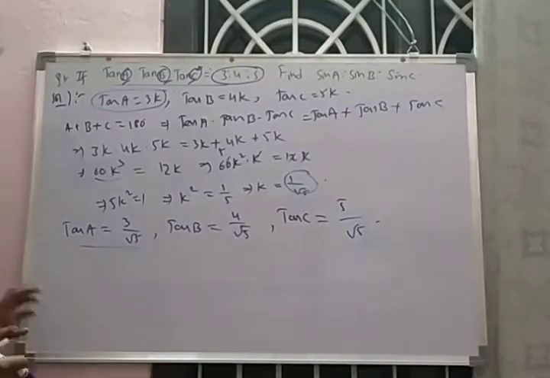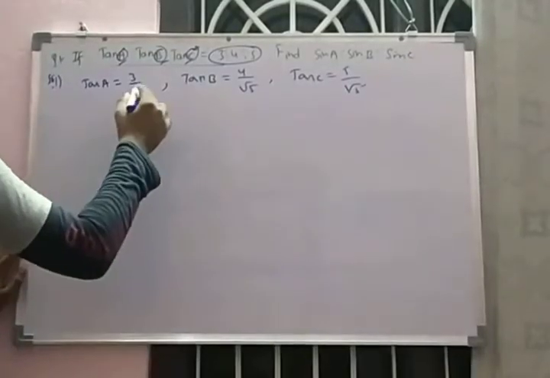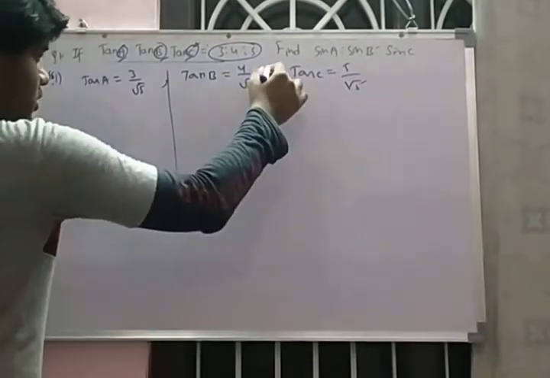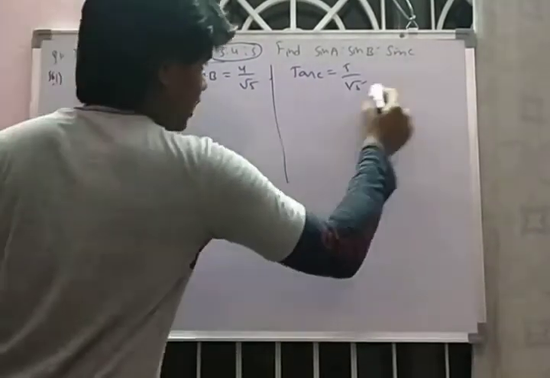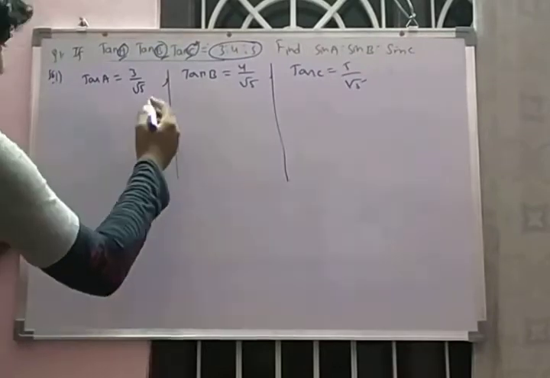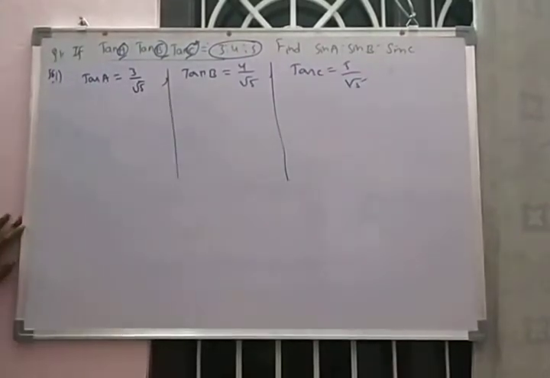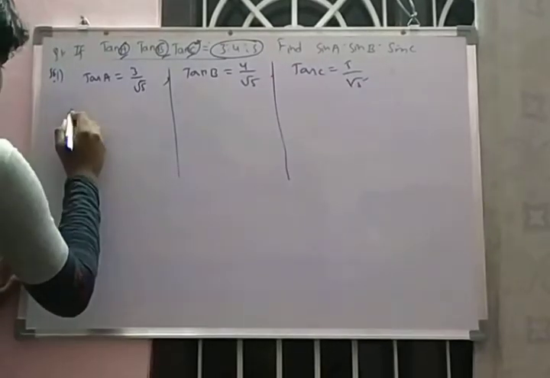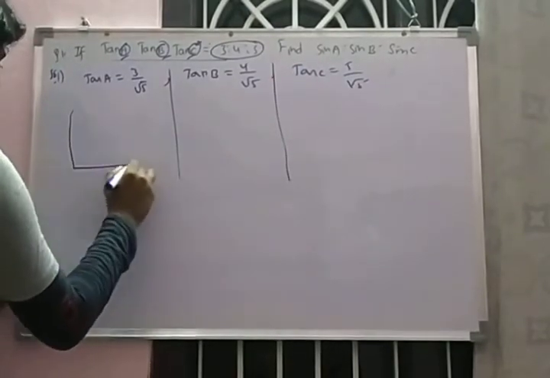Now we have to draw a triangle. We got tan A is 3 by root 5 and tan B is 4 by root 5, and in the same way tan C is 5 by root 5. So we know that generally tan theta is equal to opposite side by adjacent side. Then first consider a right angle triangle.